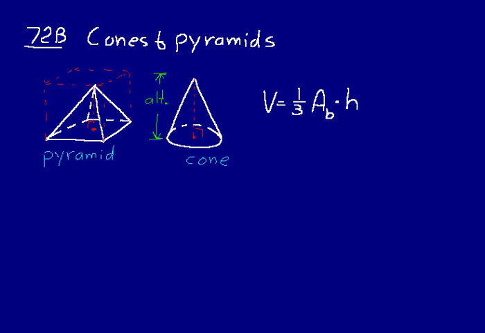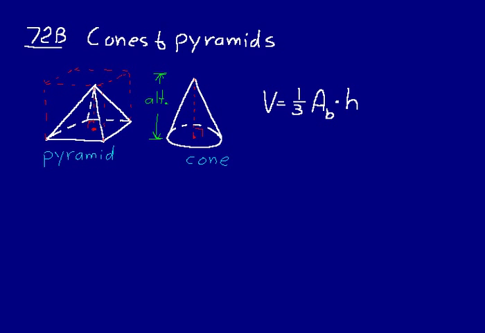So that's why the formula for a pyramid is 1/3 of that whole prism shape. If you had an entire rectangular prism, the pyramid that would fit in there that had the same height as that rectangular prism that I've drawn in red, its volume would be equal to 1/3 the area of that base times the height.